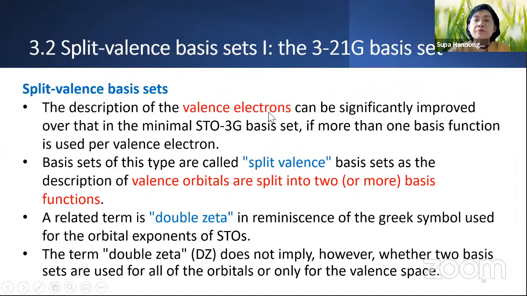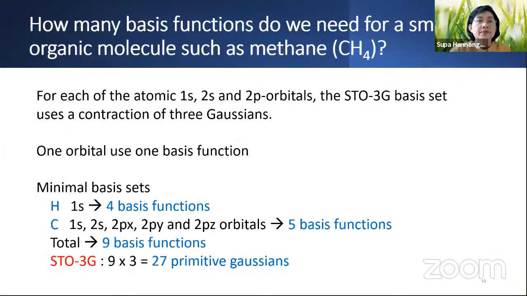This behavior of the valence electron can improve significantly if we add more than one basis function to the valence electron. In the former, I told you that one orbital uses one basis function. This is clear.